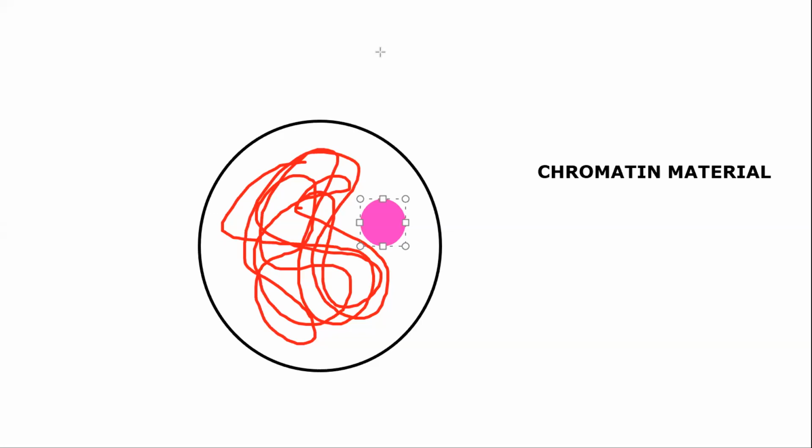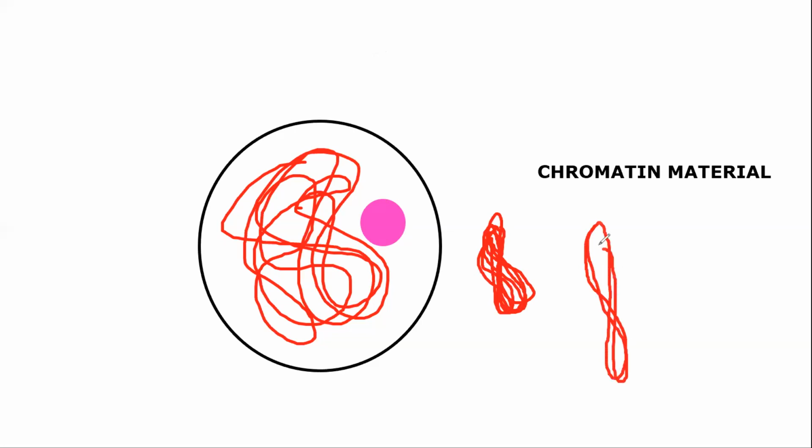Correct? Now, what happens when this cell is about to start its division? The thread-like material which is present inside the nucleus will start condensing. What do you mean by condensing? The threads are going to come closer to each other. So they will look something like this. Okay, that's the first stage. Later on, these threads will condense very tightly. Now tell me, out of these three different changes, which is the type which is clearly visible?